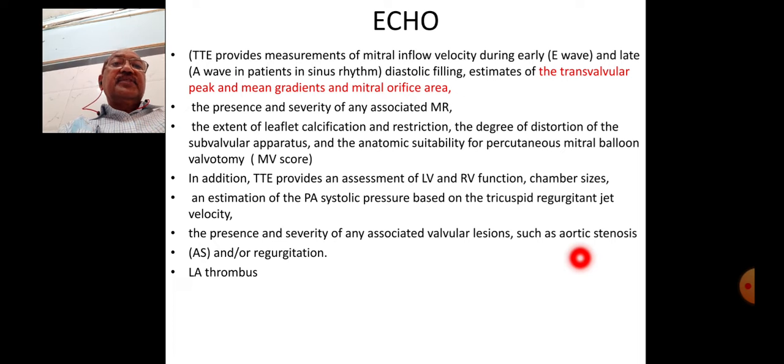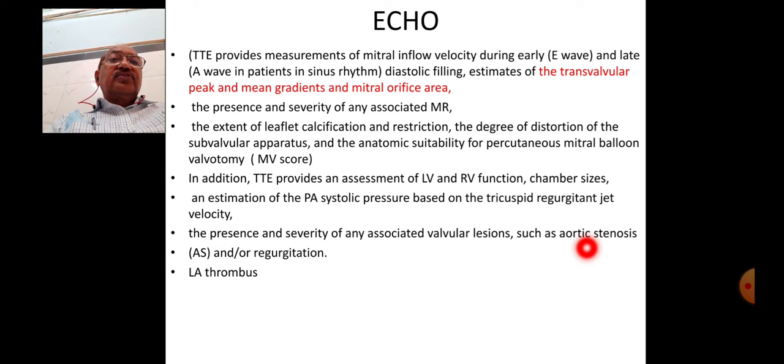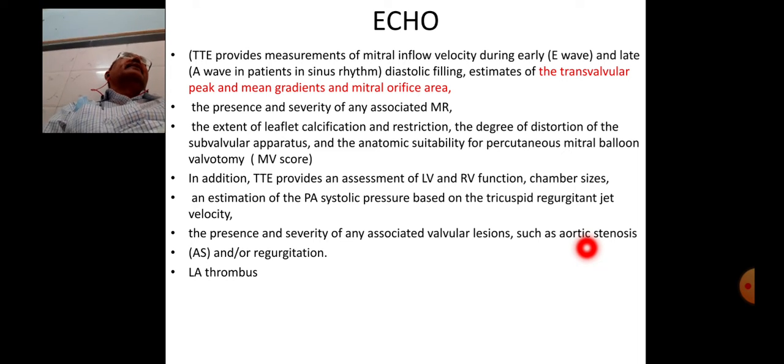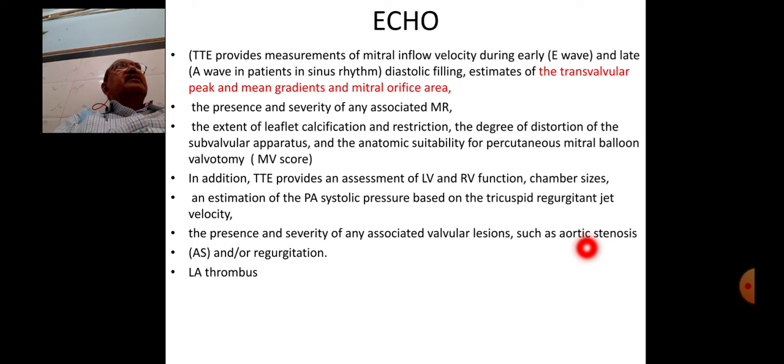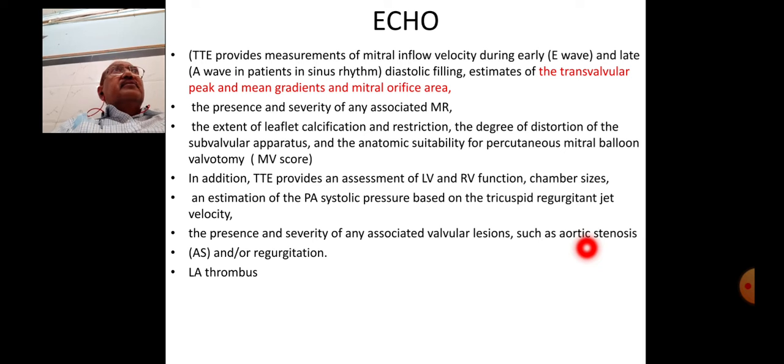One can assess the presence and severity of any associated mitral regurgitation, the extent of leaflet calcification and restriction, the degree of distortion of the subvalvular apparatus, and the anatomical suitability for percutaneous mitral balloon valvotomy is done by mitral valve scoring, and if it is less than 8, the valvotomy can be done if there is no significant MR and of course no clot.